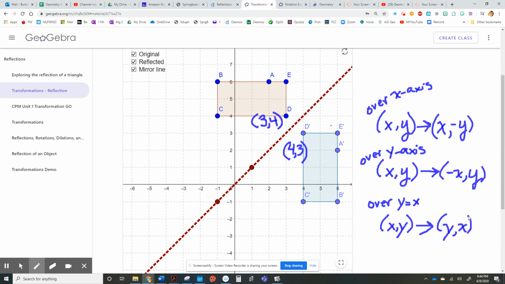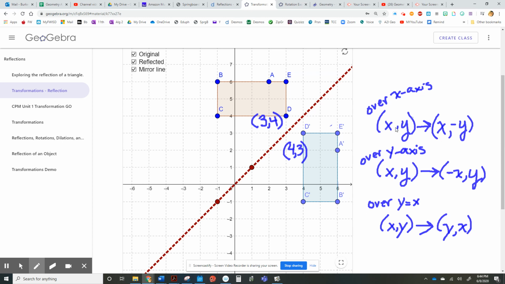You might remember that from Algebra 1. You did a little bit of transformations or reflections over the y equals x line, because those are called inverses of each other. And if you didn't, you will certainly do it in Algebra 2. So reflection over the y equals x line causes this change in the point values.